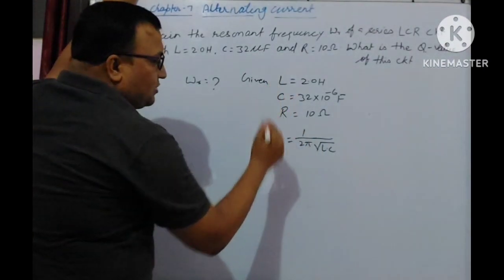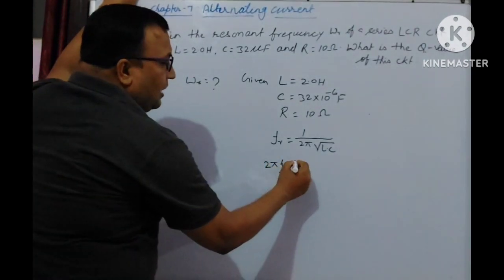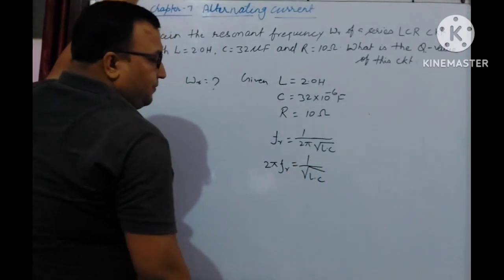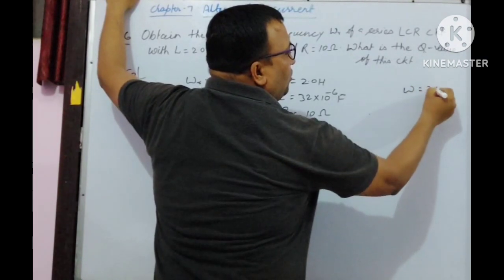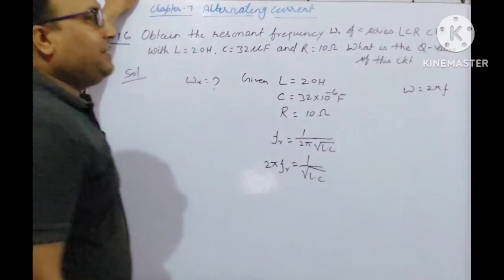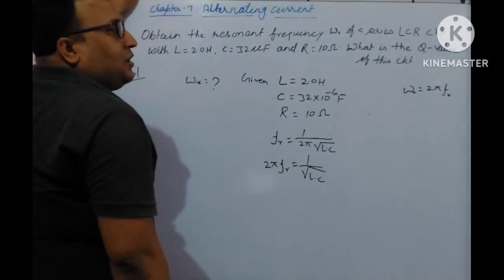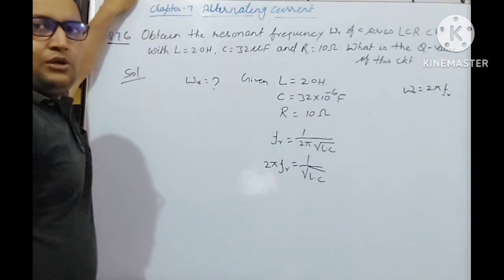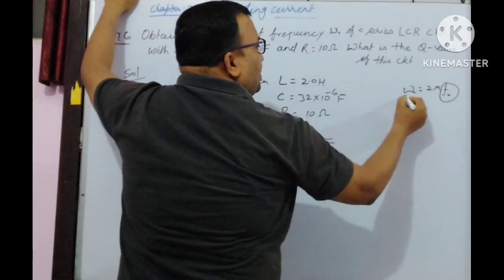If I modify this formula, what I will get is 2 pi Fr equal to 1 by root under L into C. We know that omega equal to 2 pi F. If I write here omega r, then the frequency also r. So this one is asking here the resonant frequency. In your mind it may come that, sir, the resonant frequency is this one or this one?